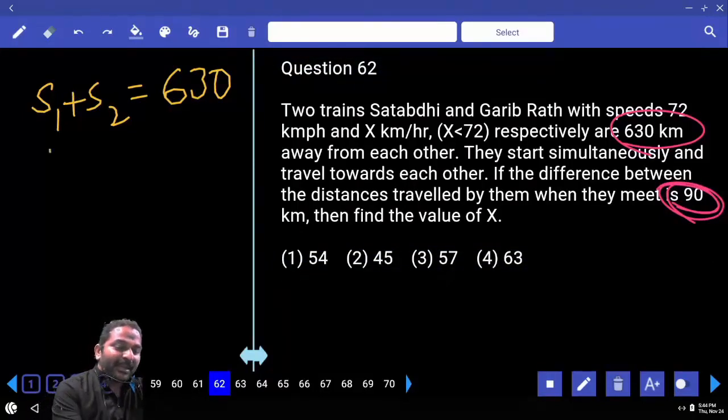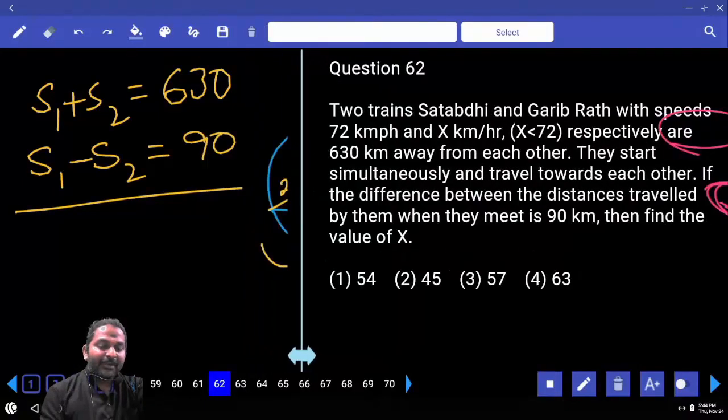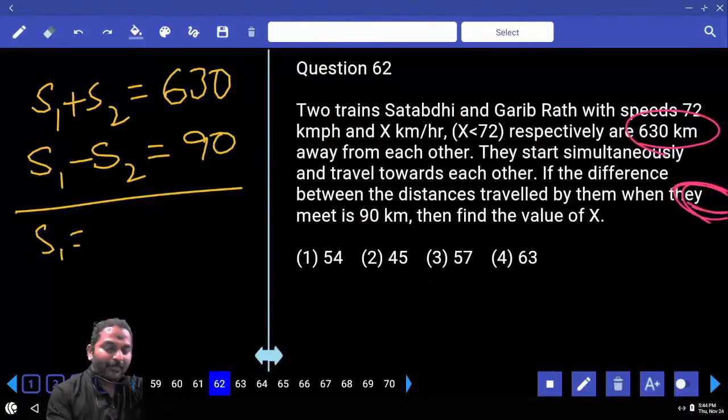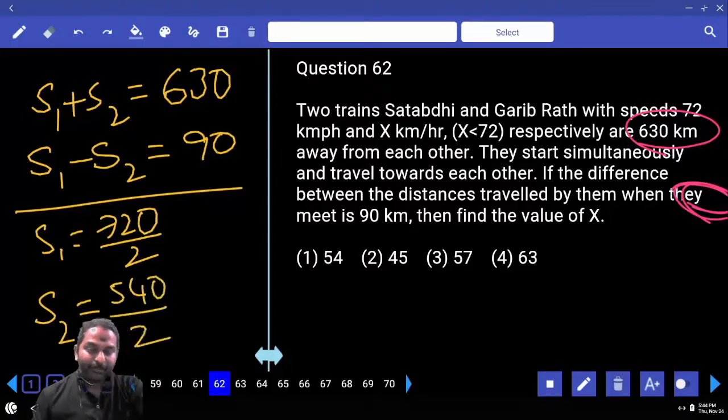Yes? Can I say S1 minus S2 is equal to 90? Now if you want to calculate S1, which is the sum divided by 2, how much is that? 720 by 2. If you want to calculate S2, it is the difference divided by 2 only. How much is that? 540 by 2. Clear?